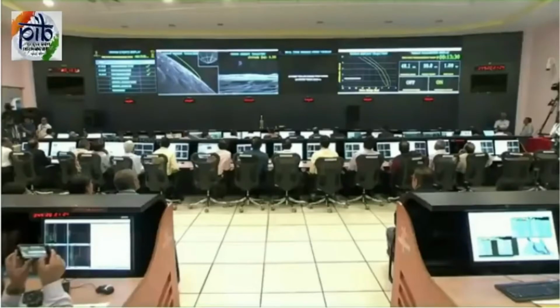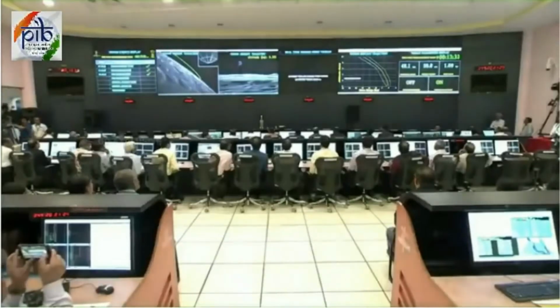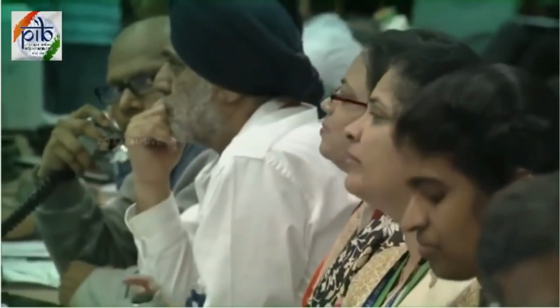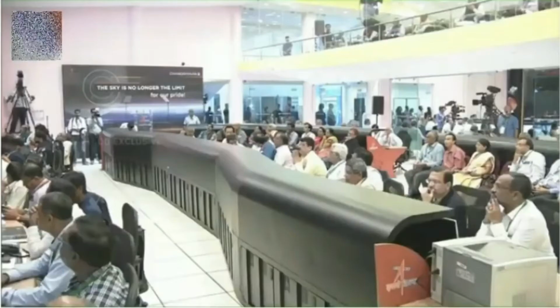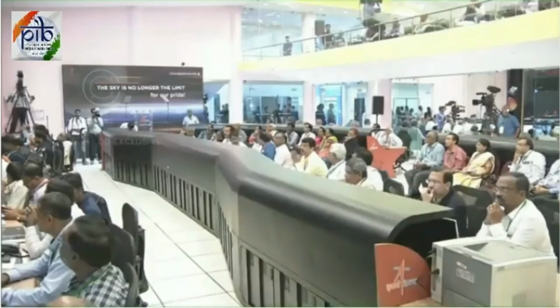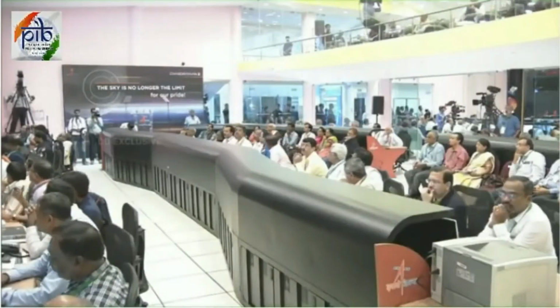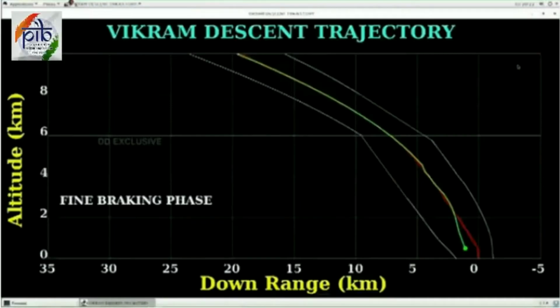After the completion of the fine braking end, we will have the vertical descent operations where the spacecraft will be moved from nearly 400 to 700 meters down to the lunar surface. We're just waiting for the confirmation. The spacecraft, as we see on the screen, is showing the horizontal and vertical velocity of nearly 48 and 59 meters per second.